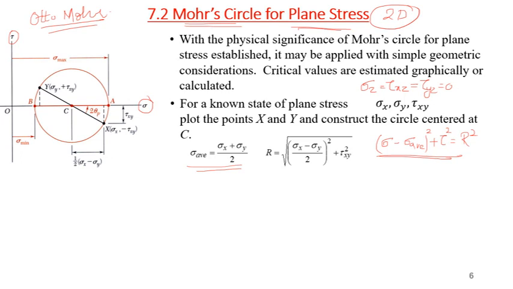If we take some graph paper, the center C will be at sigma average, and with that center and radius, we can draw the circle.